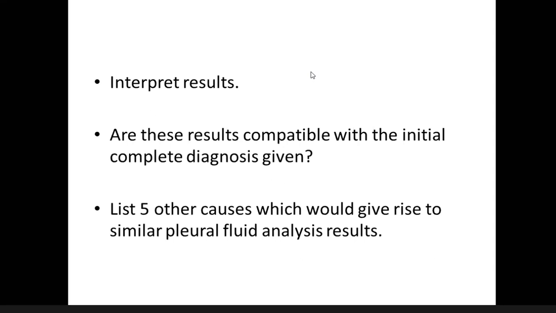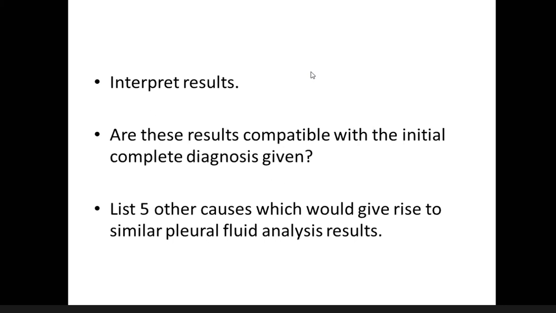Cirrhosis, chronic liver cell disease. Hypothyroidism. Meigs syndrome. In Meigs syndrome, it's a malignancy kind of thing, so you would expect to see an exudative type of pleural effusion, but it causes a transudative type pleural effusion, right?